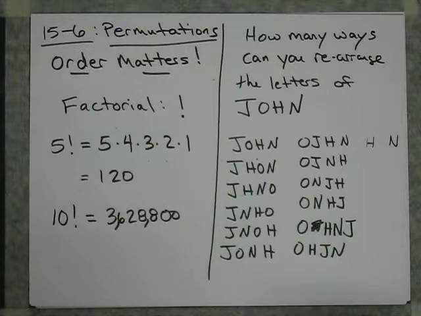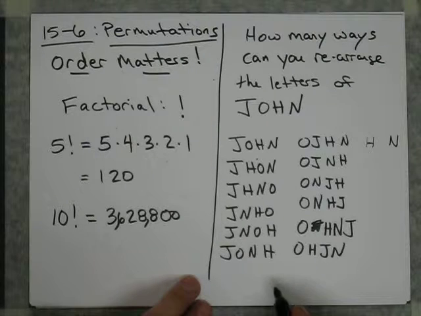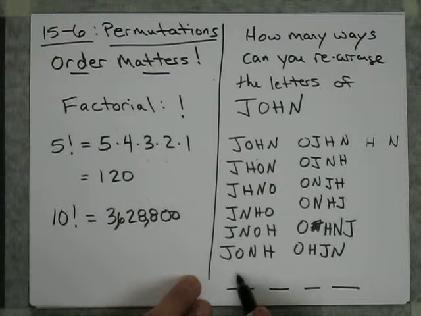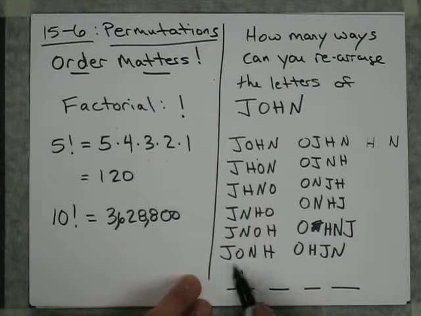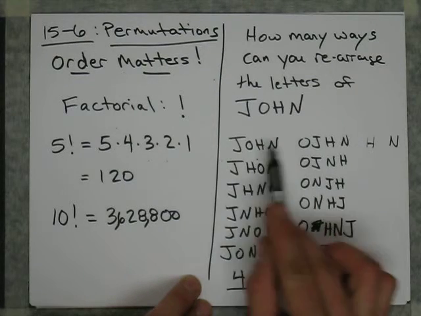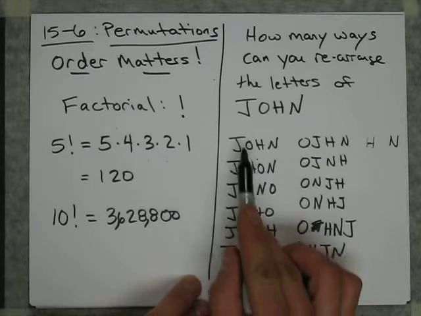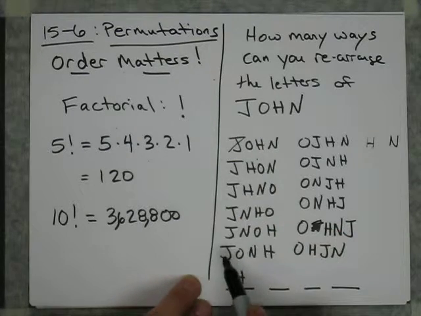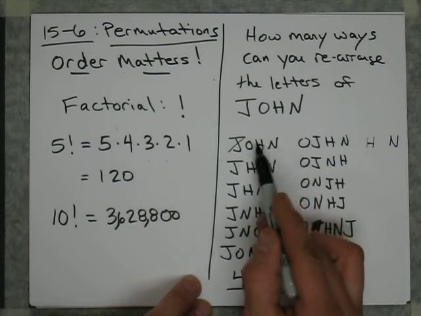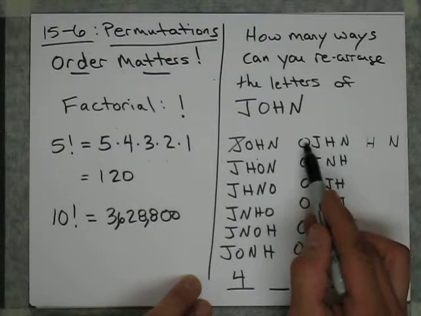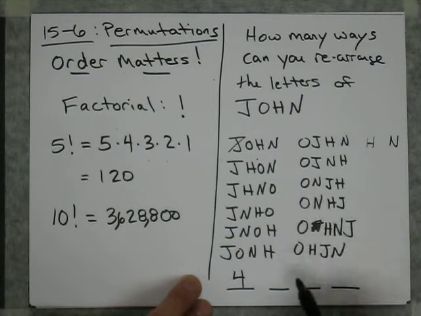Well, another way we could have done that is to ask how many letters I could put in the first spot. If I pick J, or O, or H, or N, there's 4 different letters that can go in the first spot. But as soon as I choose the letter J, there's only 3 letters left.